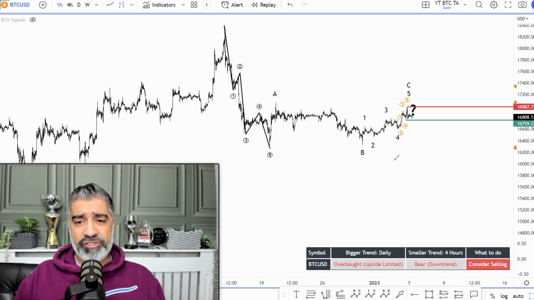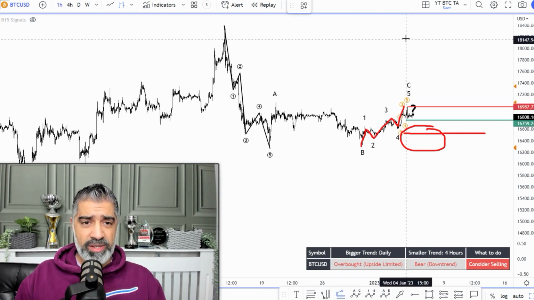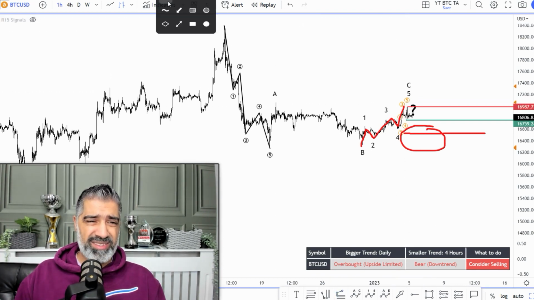The way we're going to be managing this trade is I look at this 1, 2, 3, 4, 5 on a more minor degree wave count. As a minimum, I expect the price to hit at least a 50% retracement. At this point here, I want to become risk-free. And then I want to be in the trade for what's called a 100% alternate price projection. I'm going to show you this because it's really, really powerful.